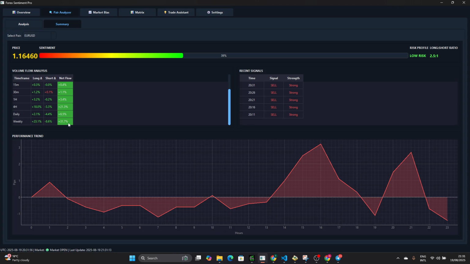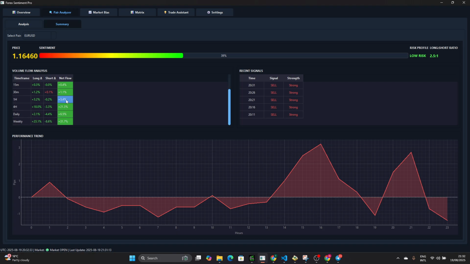This tells you how retail trader position volumes are flowing in the markets. So when you look at this on a weekly basis, today is Tuesday, this week the weekly volume flow increased by 31%. Today increased by 6%, and so on until 5 minutes.